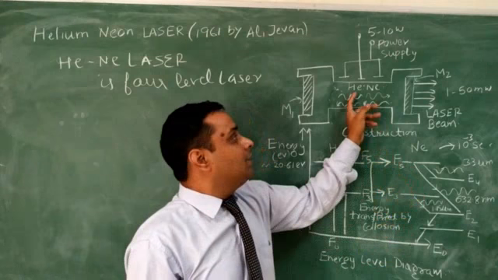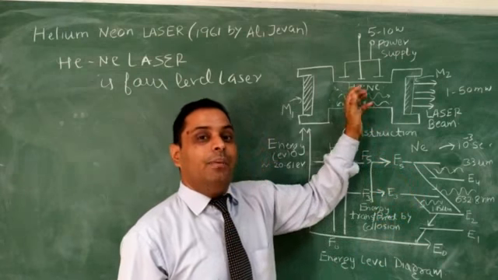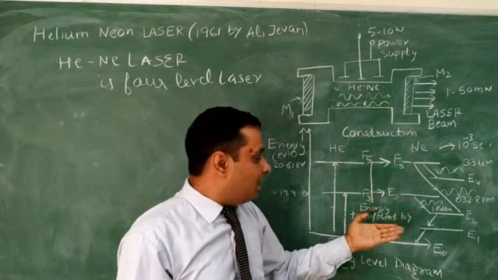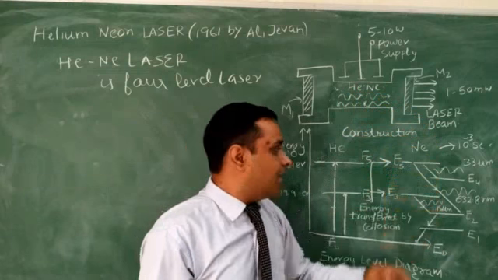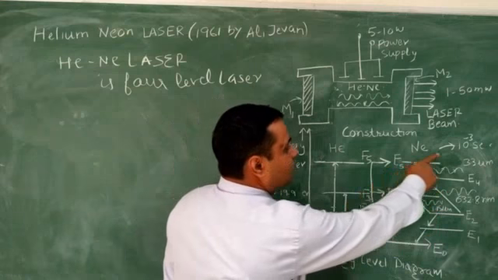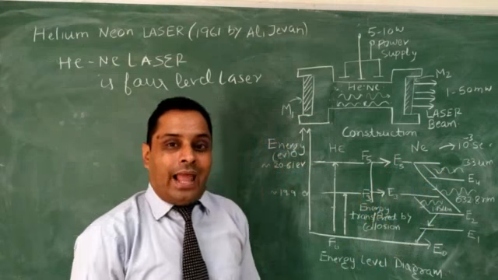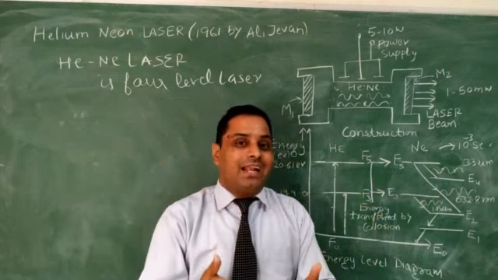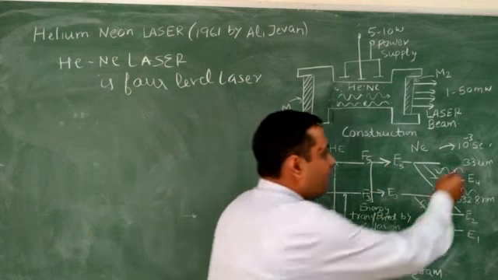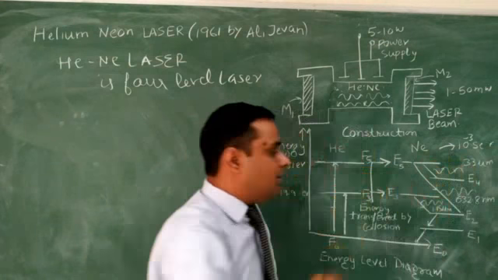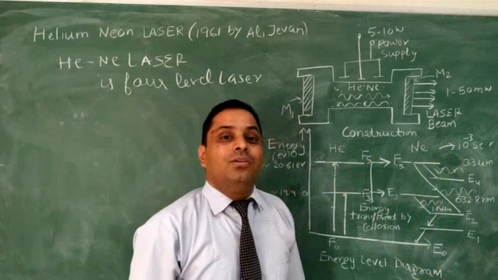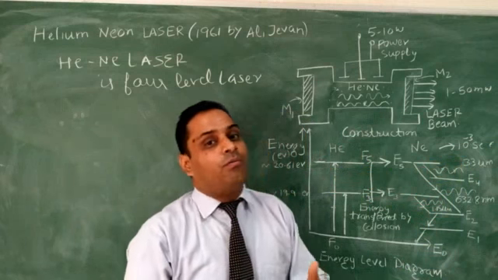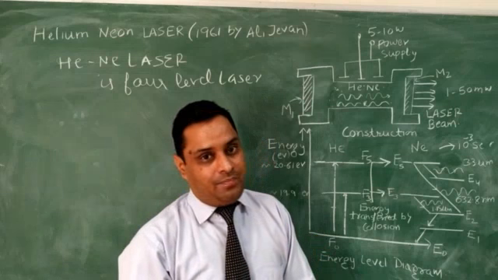So the excited helium atom collides with the neon, and the neon atom is excited to the metastable states. At the metastable state, the lifetime of these atoms is 10⁻³ seconds, and when they come back to the lower state, they release the energy in the form of laser.